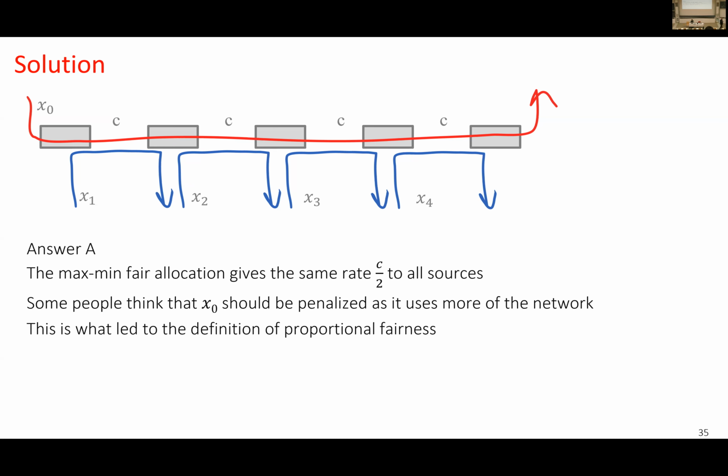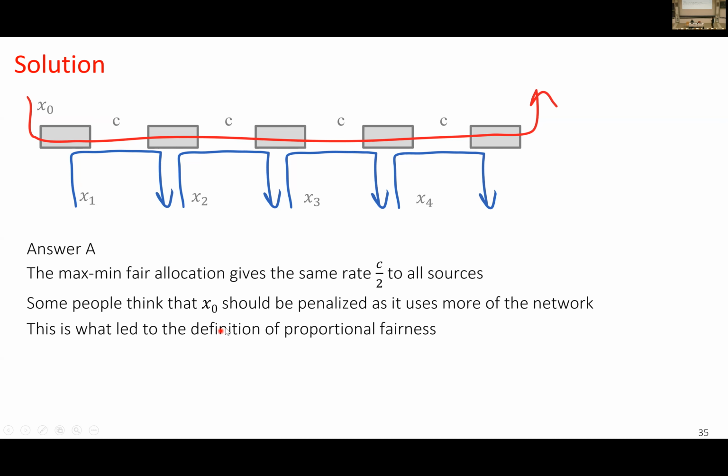We would like the thing to still work, but perhaps we need a more proportional allocation of resources, given that this guy is using 4 links and this one is using 1. So intuitively, this guy is using 4 times more than this one, so perhaps he should also receive 4 times less in total, because whatever he receives is in fact multiplied by 4 in terms of usage of the resources here.